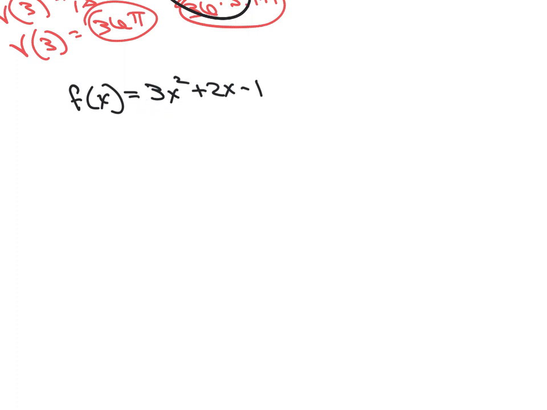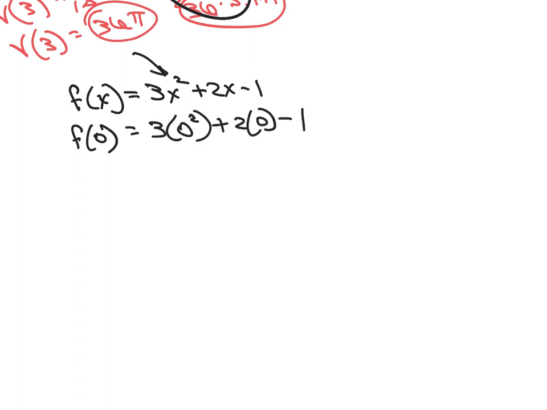So if it says find f of 0, that means wherever we see an x, put a 0 in there. Those go away, those go away. So f of 0 equals -1.